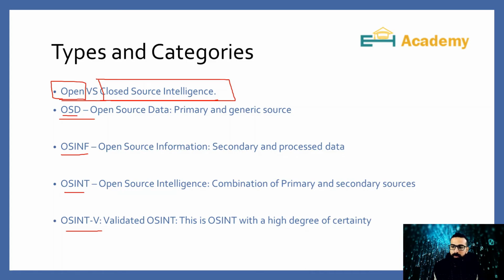And then we have open source information. This is also a generic data set that has undergone some filtering first to meet a specific criterion or need. This can also be called secondary source information or secondary source data.